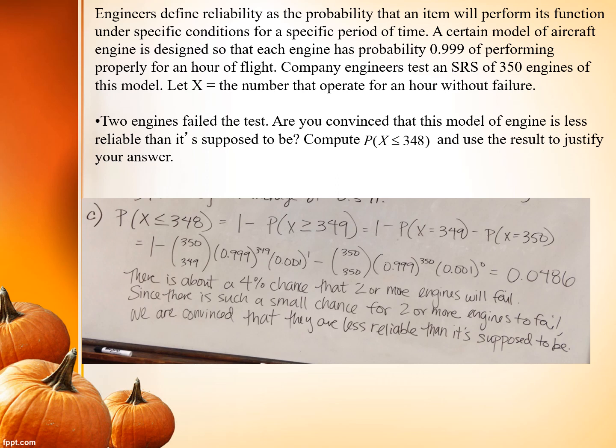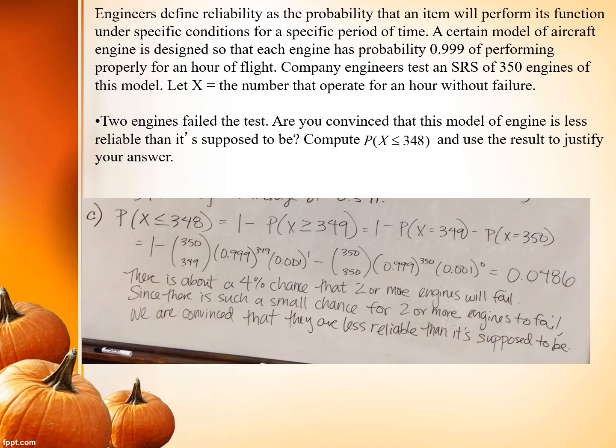And the way that I could do that is by saying, okay, well, it's 1 minus the probability that x is equal to 349 minus the probability that x is equal to 350. If I wanted to do this a long way, that's how you could do it by hand. Again, you get the same answer.